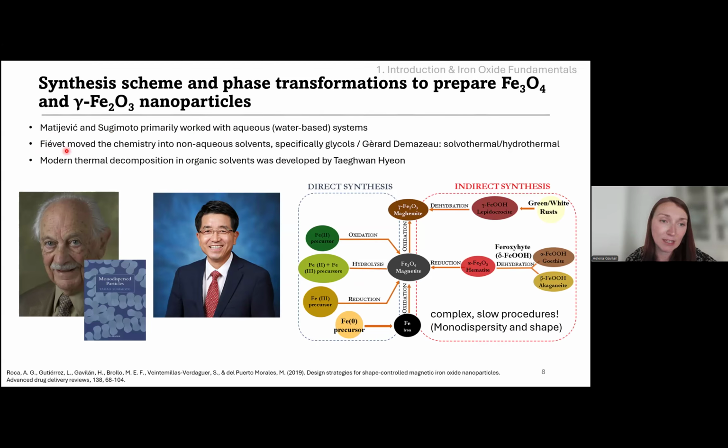Then Fernand Fiévet moved to non-aqueous solvents, specifically polyols and glycols, and Gérard Demazeau to solvothermal and hydrothermal routes using reactors like high pressure reactors. More recently, the thermal decomposition route was developed mainly by Taeghwan Hyeon.